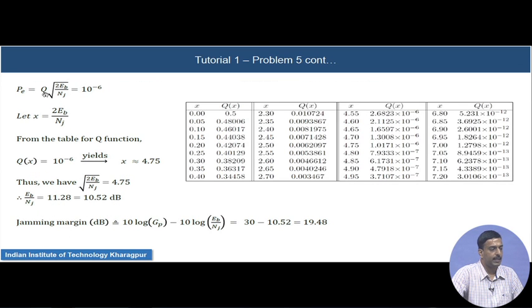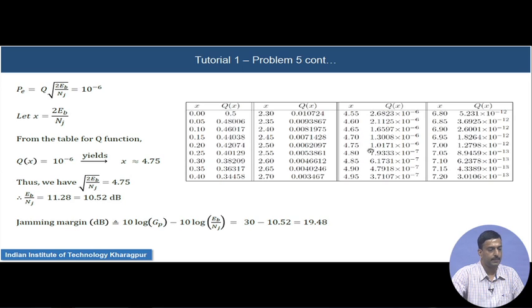So what we see is that the probability of error, which is equal to twice Q of root twice EB by Nj, is already specified in the problem. We merely look up the table in order to find out what is the value of this factor corresponding to 10 to the power of minus 6.